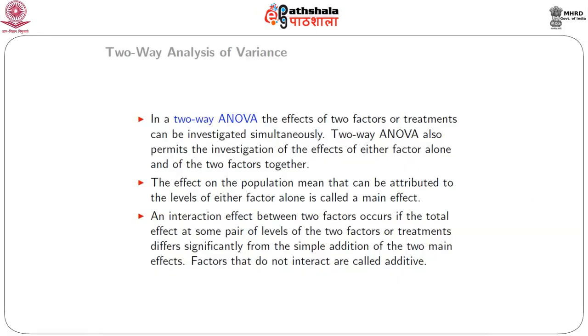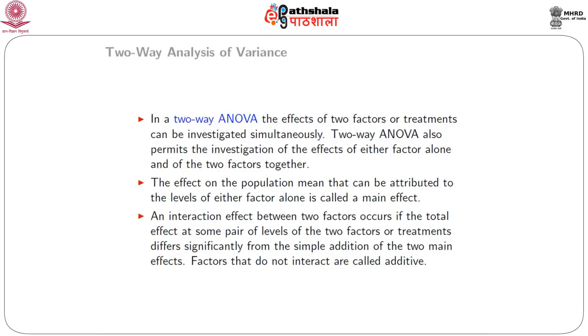Two-way ANOVA. In a two-way ANOVA, the effects of two factors or treatments can be investigated simultaneously. Two-way ANOVA also permits the investigation of the effects of either factor alone or of the two factors together.